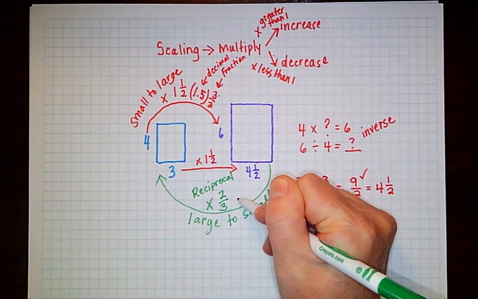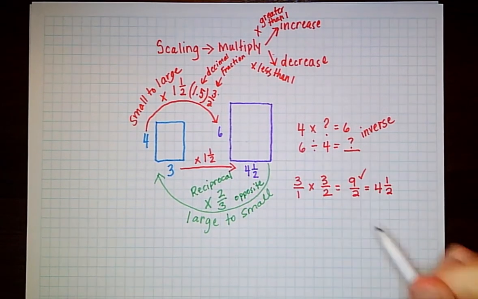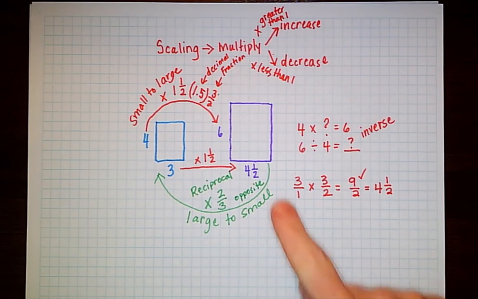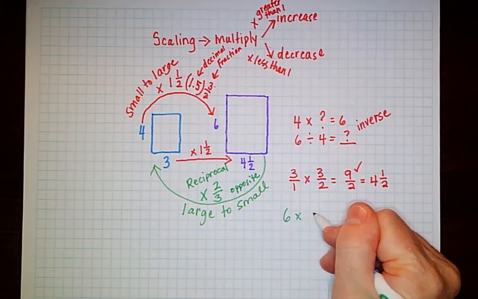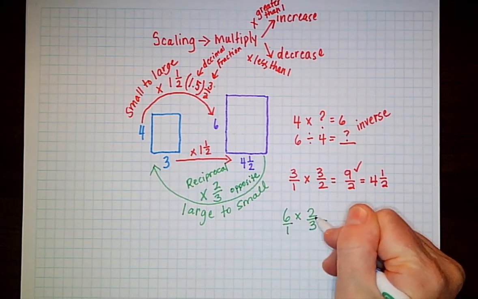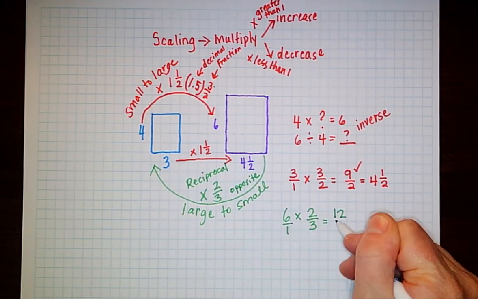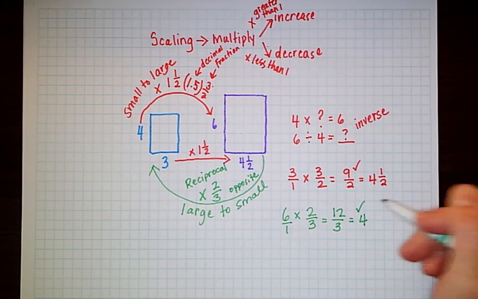Let's double check. I'm going to start with 6 times 2/3. 6 times 2 is 12, 1 times 3 is 3, 12 divided by 3 is 4. Check.